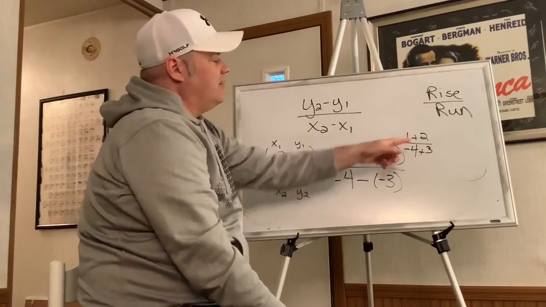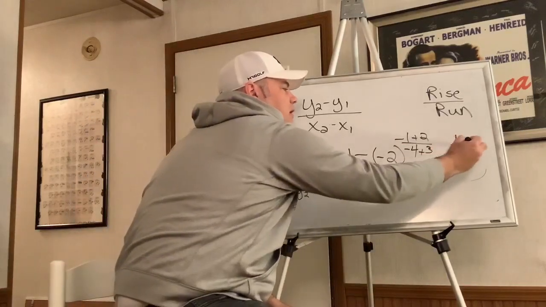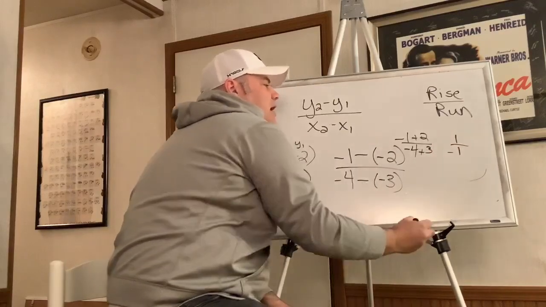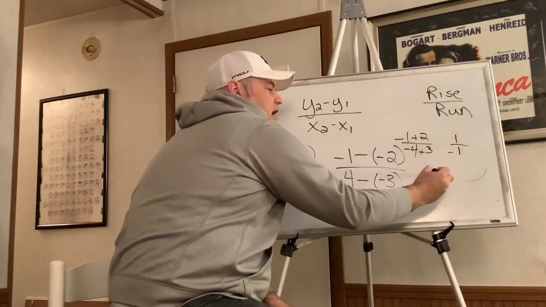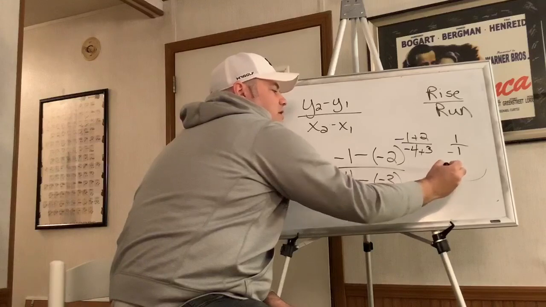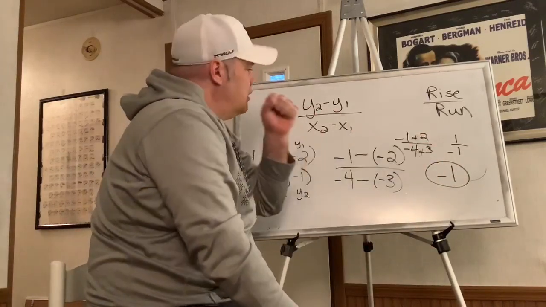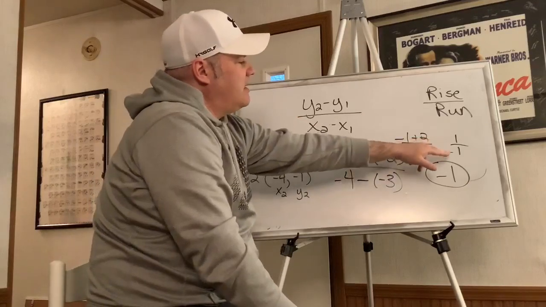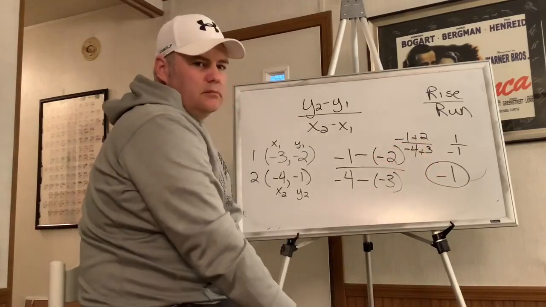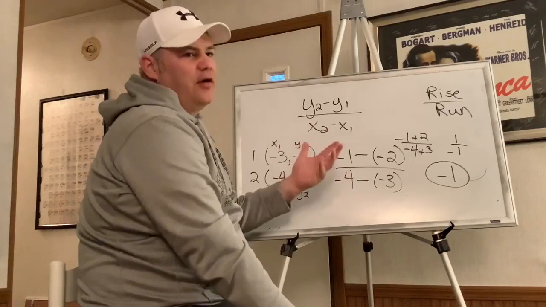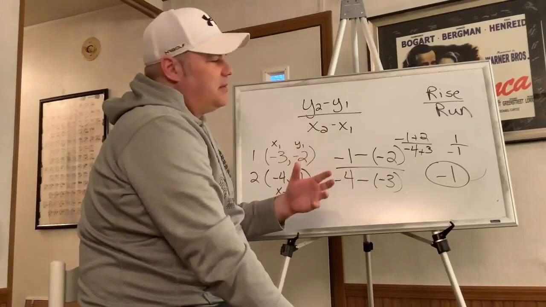So this one is negative 1 plus 2, which becomes 1. And this is negative 4 plus 3, which is negative 1. And so my slope is a negative 1 over 1, or just negative 1. Because 1 over 1, if you want to go ahead and turn that into a whole number, you can. We're going to leave them fractions when we have to, like 1/3 or 2/5 or something.